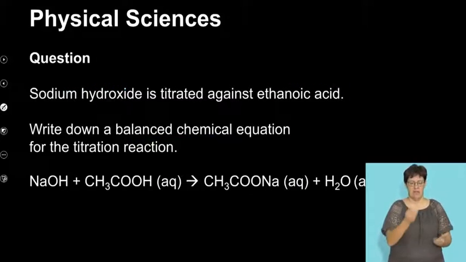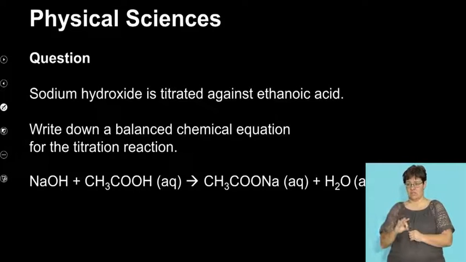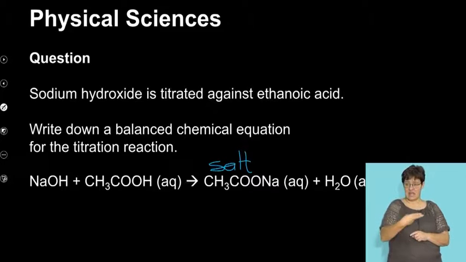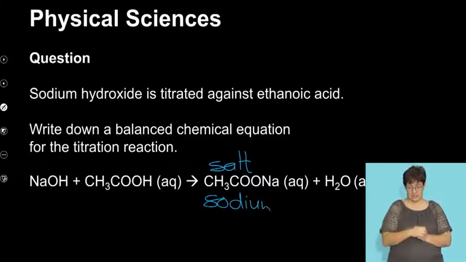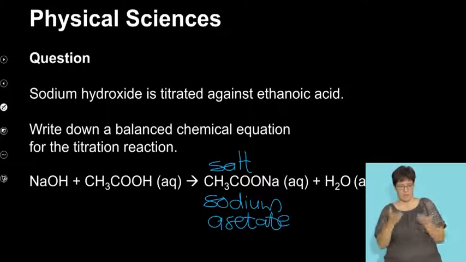We have the balanced equation here, where sodium hydroxide and ethanoic acid form sodium ethanoate and water. Sodium ethanoate is my salt here, and we can also call it sodium acetate. As it is now, the reaction is balanced.